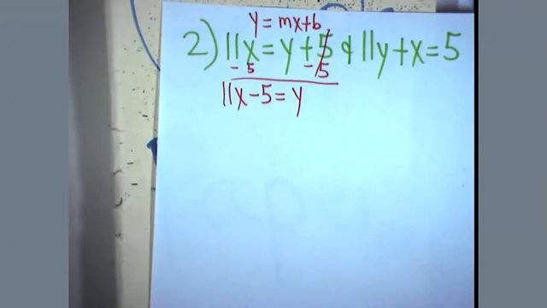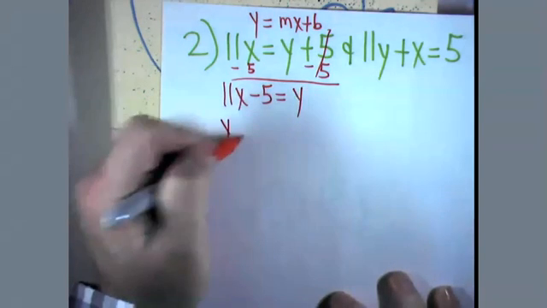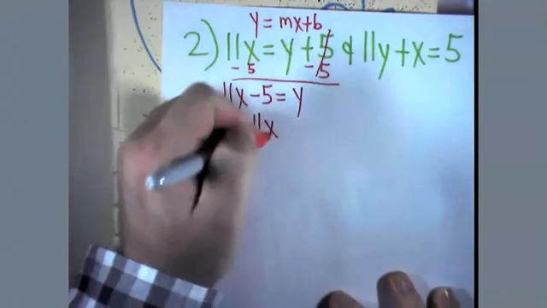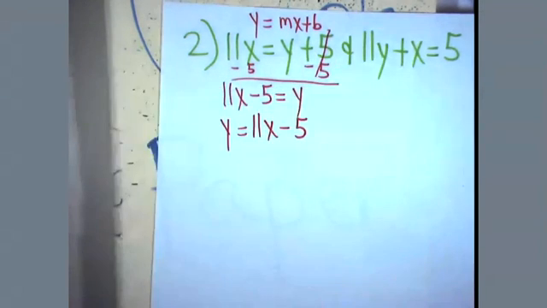Let's rewrite it. We can just swap everything around so it's in the proper order. So we can definitely rewrite this as y equal to 11x minus 5.